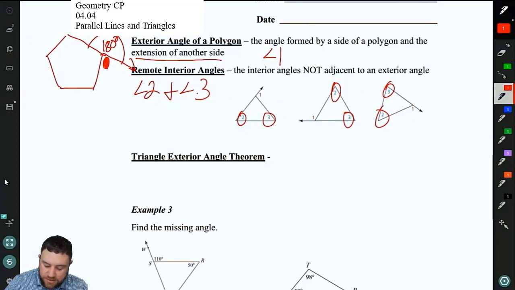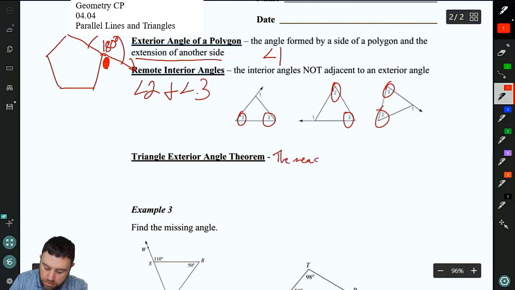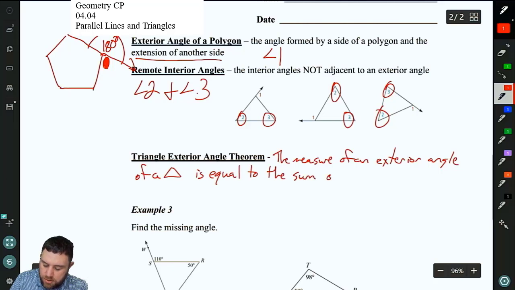The triangle exterior angle theorem tells us that the exterior angle, angle 1, is equal to the sum of the two remote interior angles. So let me write all that out. The measure of an exterior angle of a triangle is equal to the sum of the measures of the remote interior angles.